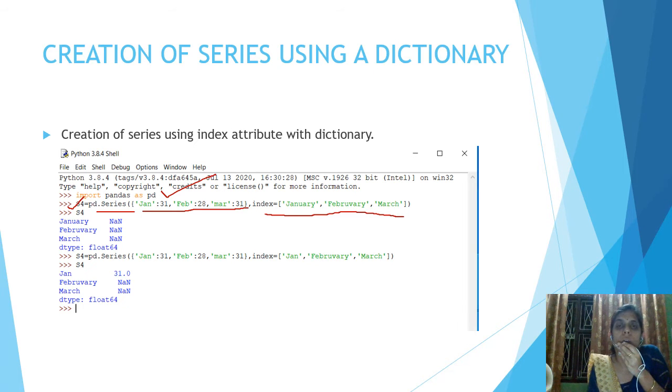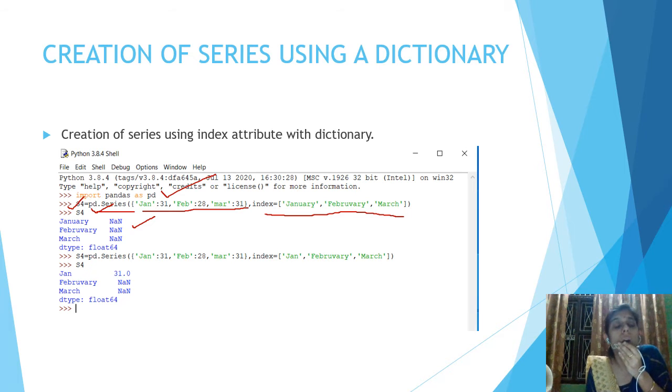The index is January, February and March, and whenever we print S4 then it will take this index January, February, March, but there is no value associated with this index which is defined explicitly, so it takes NaN.